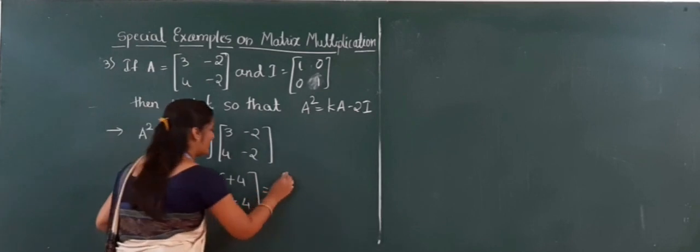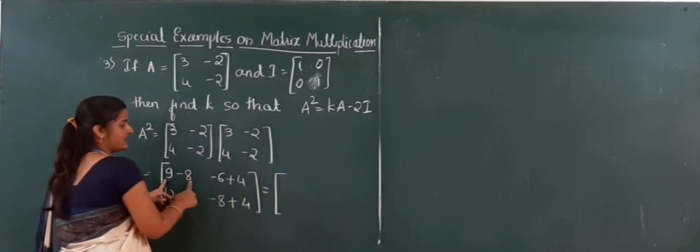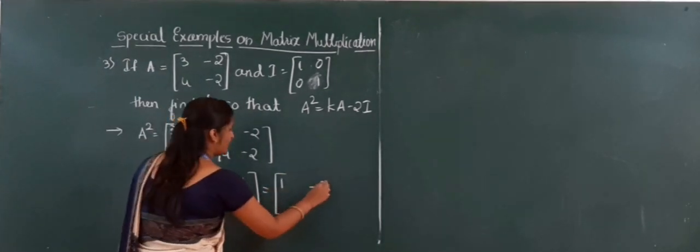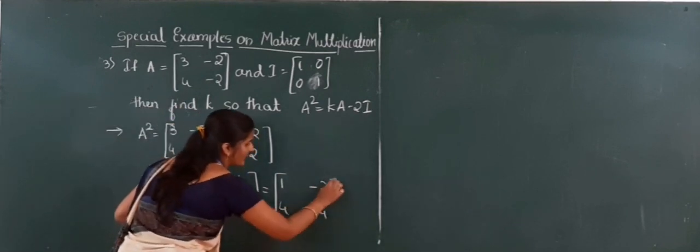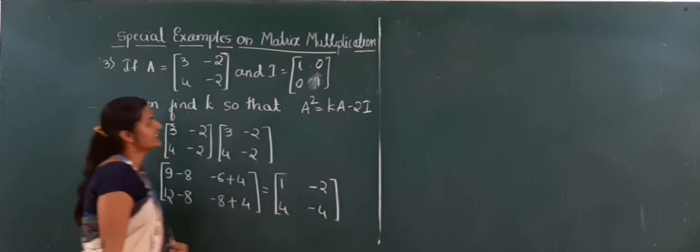So our A square value is 9 minus 8, that is 1, minus 2, 4 minus 4.